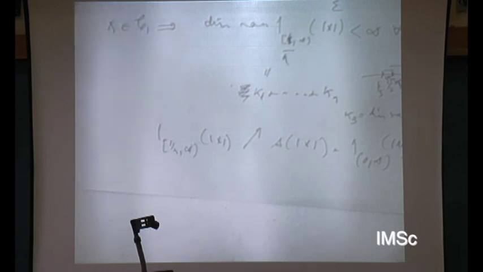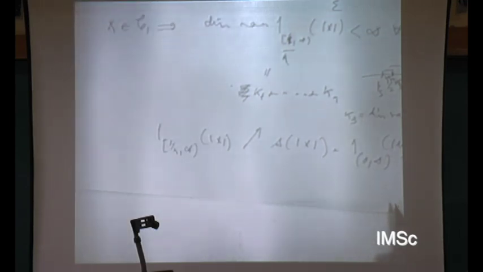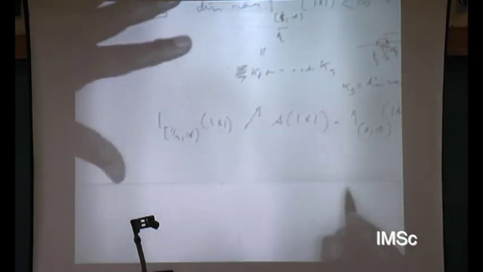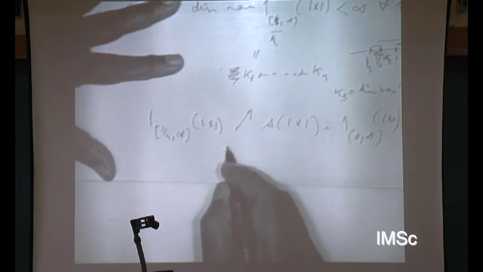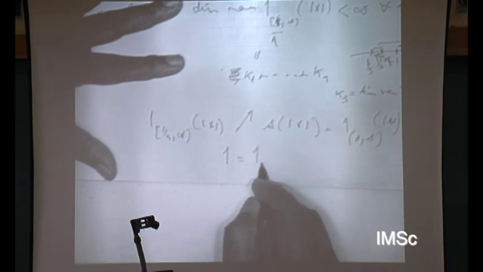Okay, so what has one obtained by all this? If you look at this positive trace class operator mod x, then on the whole Hilbert space, 1 is equal to the indicator.